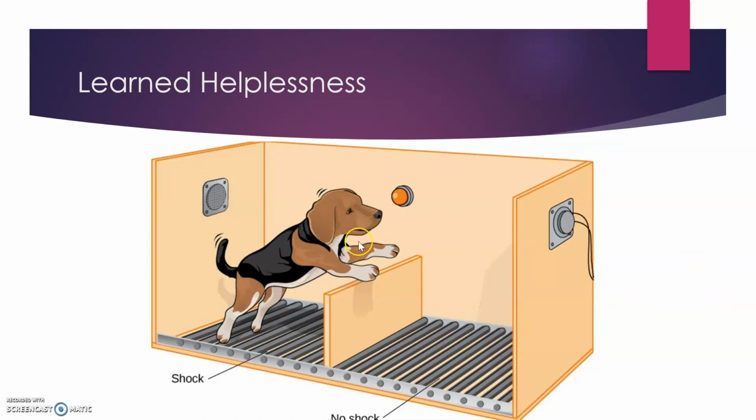So this is an experiment showing that these dogs they experience this learned helplessness. After they suffered from this aversive stimuli, they have been conditioned to believe that they cannot escape from this aversive environment.